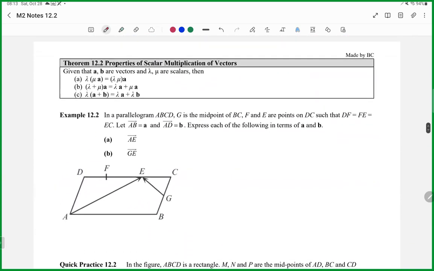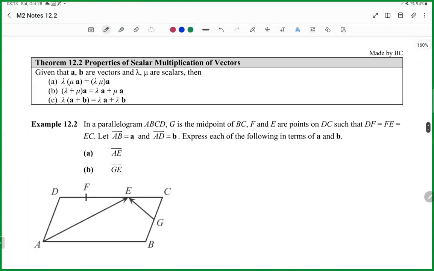Now the properties of scalar multiplication are as follows. I have two scalars, lambda and mu. If I have lambda times mu times a, it can be lambda times mu first and then multiply a. For example, 3 times 2a equals 3 times 2 first and then a.